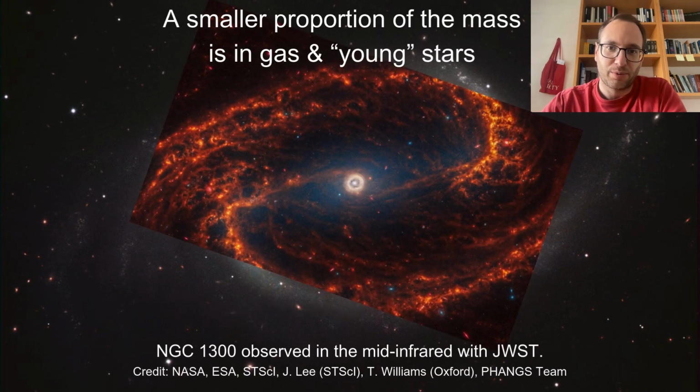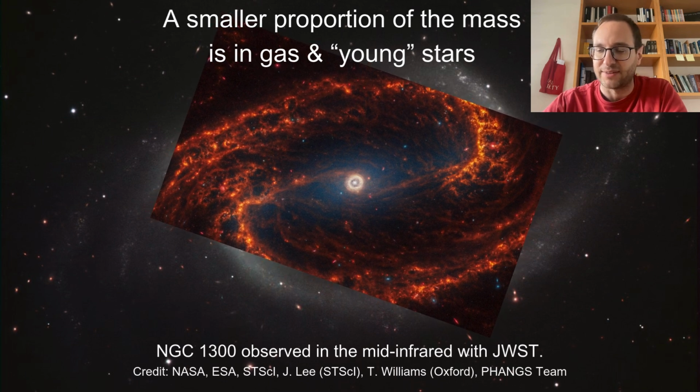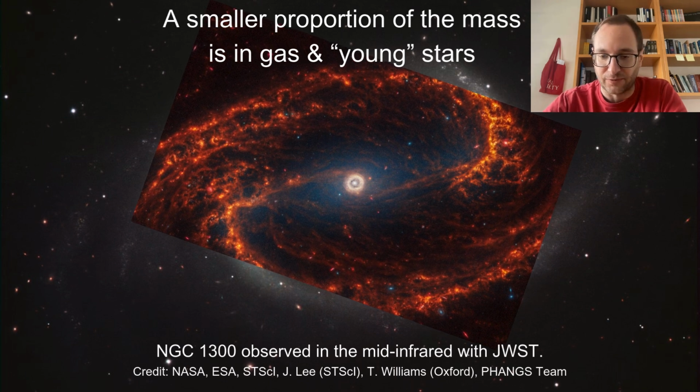Okay, a smaller proportion of the mass is instead in gas and young stars. So here is the same picture from the same survey that I showed before, NGC 1300 from PHANGS-JWST, and the orange material that you see here is mostly dust and gas.